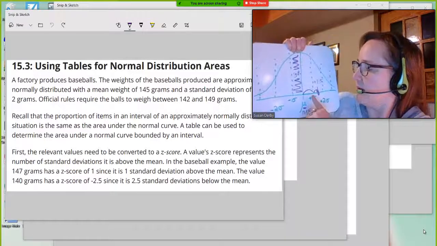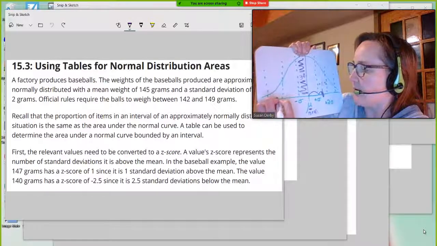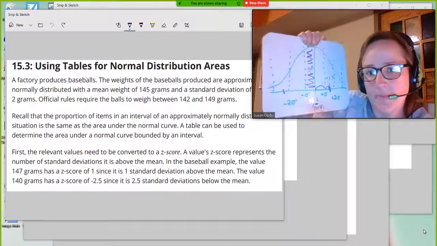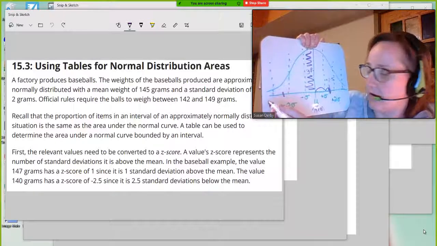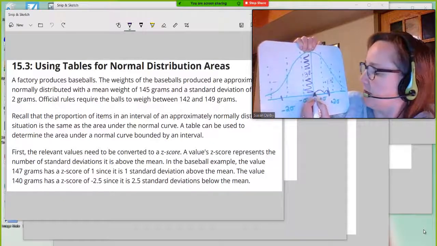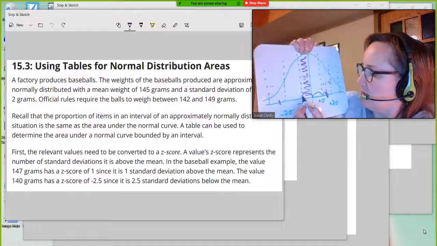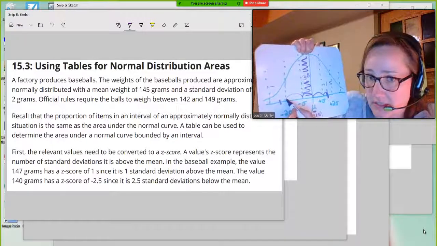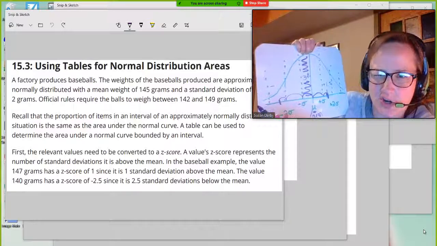Similarly, if we were going to something over here on the low end, I'm going to say that I have a data point right about here. And I can see that it has to go, first of all, negative. So I'm going to have a z-score that's a negative value, telling me that it's below the mean. And I have to go 1 full standard deviation chunk, a second full standard deviation chunk, and then about another third.